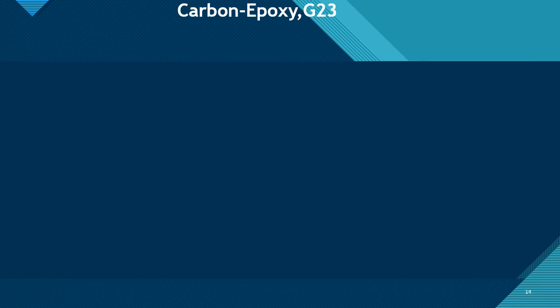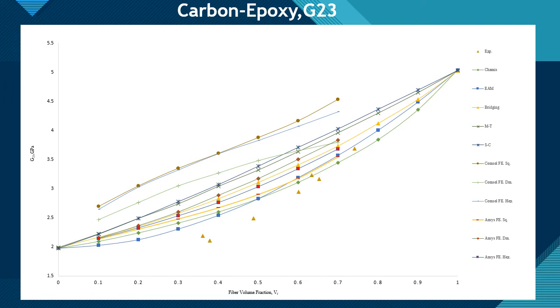So this is the out-of-plane shear modulus data for carbon epoxy. As you can see, Ansys is predicting three different values for three different RV shapes, and these are the experimental data we can see.